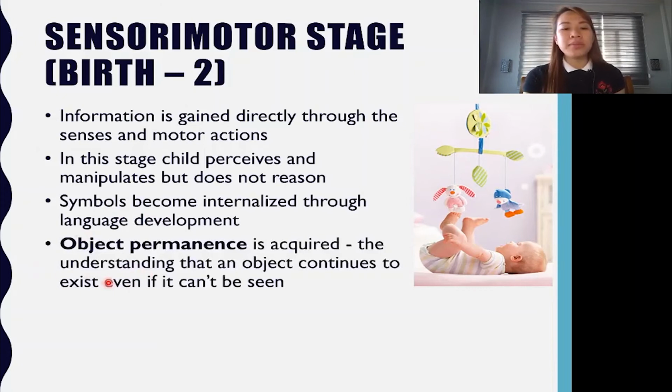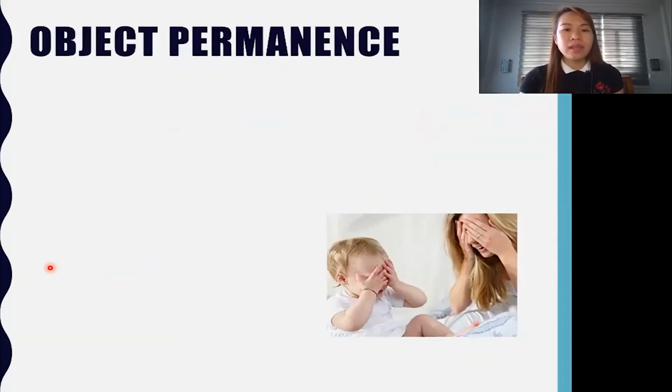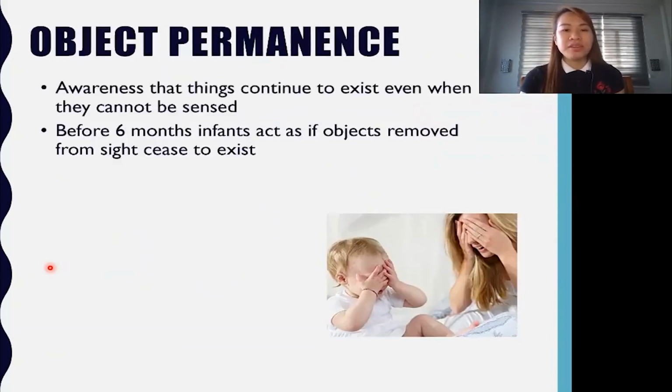So, object permanence, again, is the knowledge that an object continues to exist even if it is hidden or it cannot be seen by them. Yan, yung peekaboo. So, before 6 months, infants act as if objects removed from sight cease to exist. So, pag hinulog nila yung ball at di na nila nakikita, akala nila wala na yon.